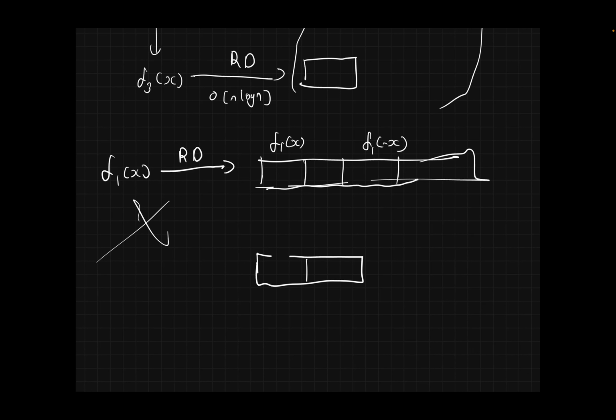Any questions? For this, the initial F1, is it going to be the polynomial or the code word? No, with F1 you always start with a polynomial that you want to commit to. Then you convert that polynomial into a code word.